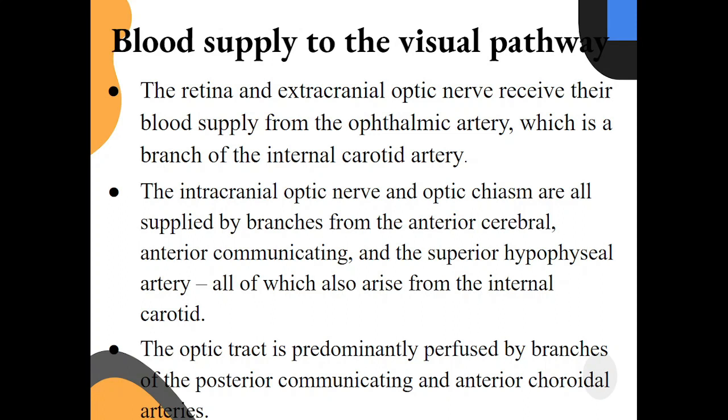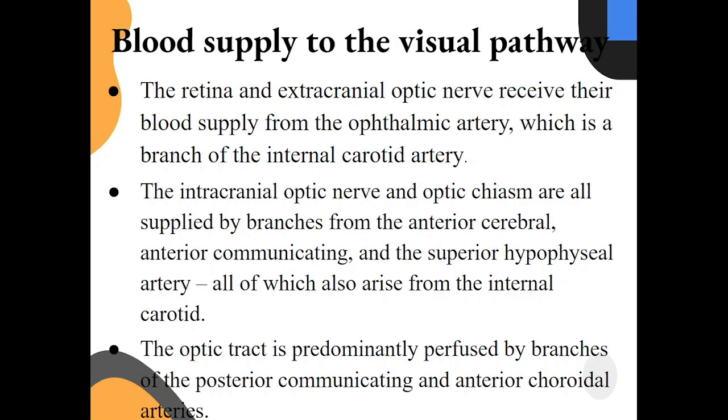This artery is the first branch of the internal carotid artery and supplies blood to the retina, optic nerve and other structures in the eye. Number 2, central retinal artery. This artery branches off from the ophthalmic artery and supplies blood to the retina.